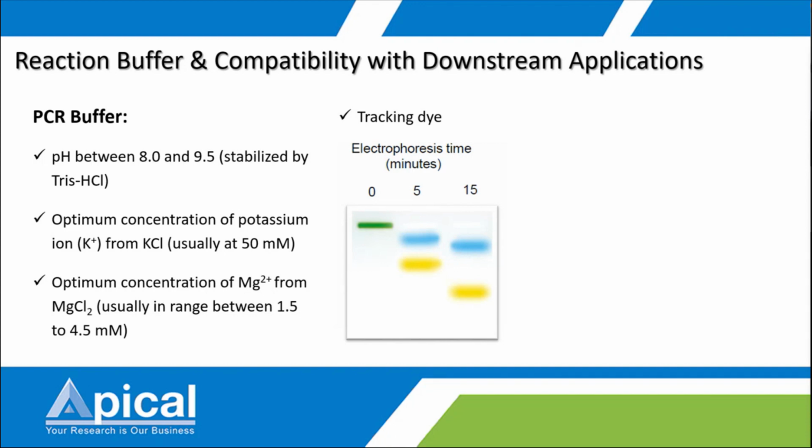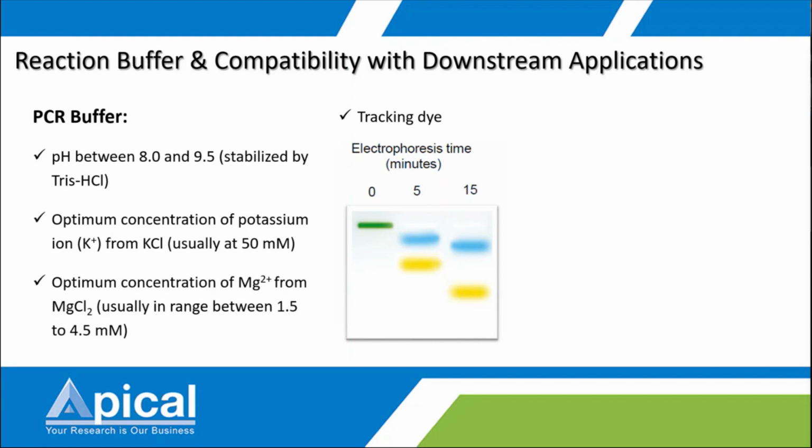The potassium ion is contributed from the potassium chloride in the buffer. If the concentration of this ion is too high, it may inhibit the polymerase activity.